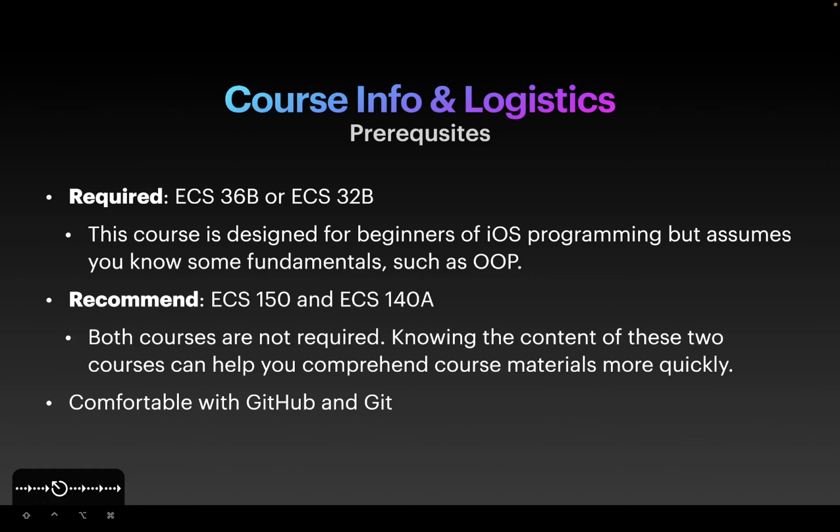But ECS 150 and ECS 148, which correspond to operating systems and programming languages, are also recommended. It's okay if you don't know these concepts, but if you do, it's gonna help you comprehend all these course materials more quickly, okay? And also, you have to be comfortable with GitHub and Git.